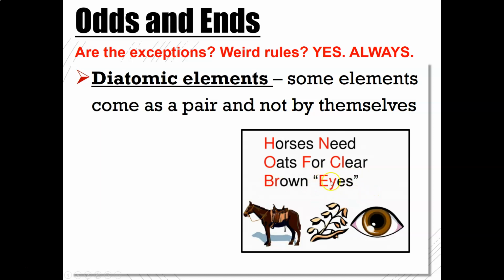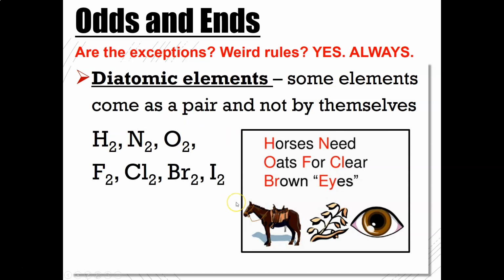Eyes is in quotations because it's not quite gonna work. You'll see why in a minute. The H stands for hydrogen. The N stands for nitrogen. O is for oxygen, and then fluorine, and then chlorine, and then bromine, and then the I stands for iodine. Okay, so that's why this one doesn't quite work.